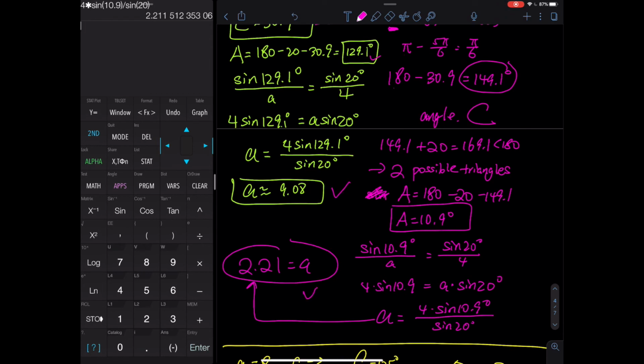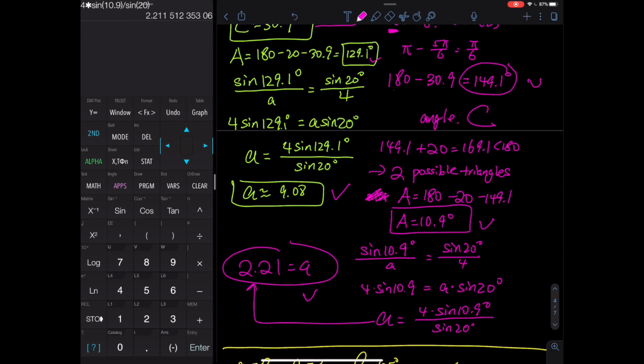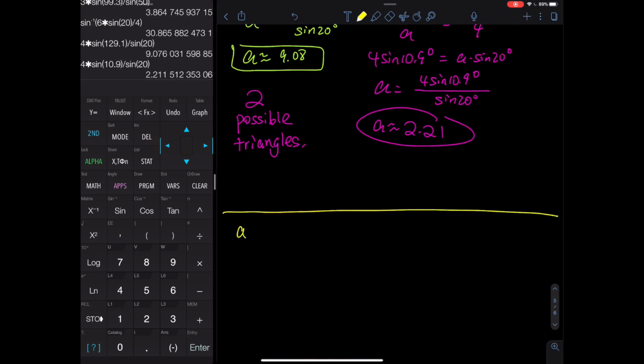When a is 2.21, then the angle measurement of A is 10.9 and the angle measurement of C is 149.1. So this is the end of this problem. Next, we have a equals 8, c equals 3, and then big C is 125 degrees.